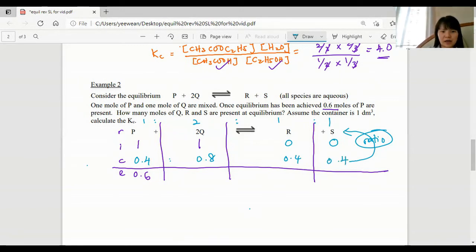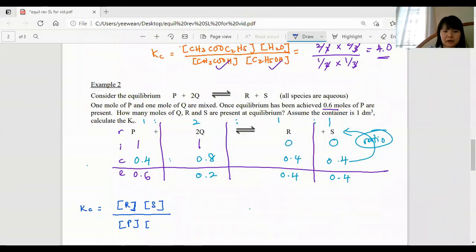So if I had 1 mole of Q at the beginning and the change is 0.8, in the end I would have 0.2. I have no R initially, and the change is 0.4, so now I have 0.4. Same goes for S.